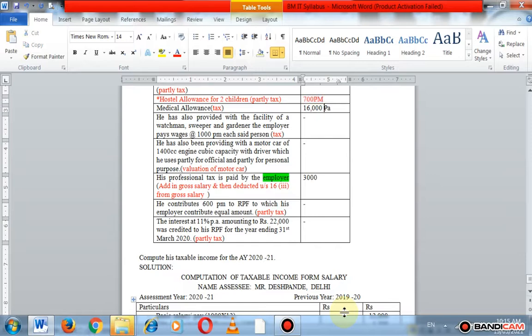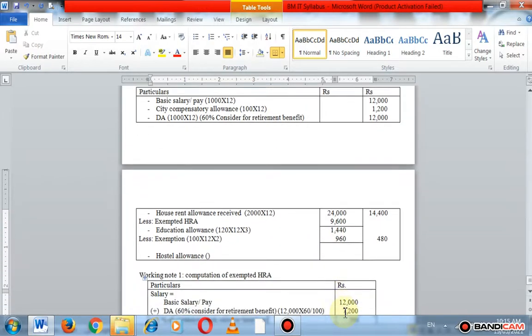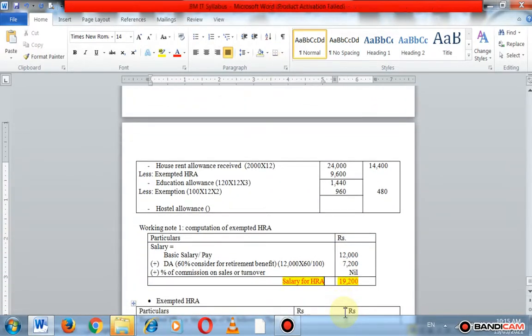So we compute 700 per month for yearly, converting the hostel allowance into a year.